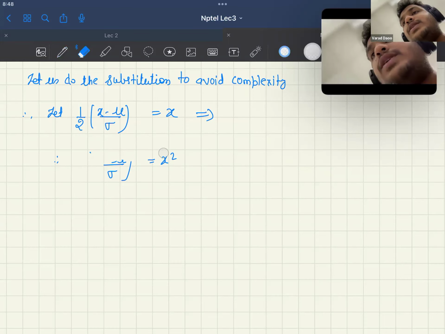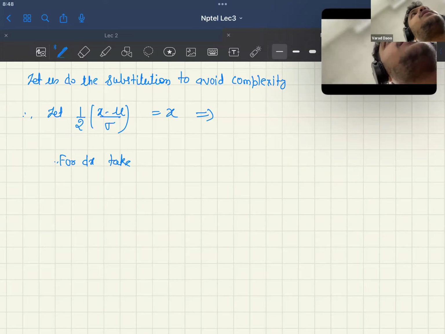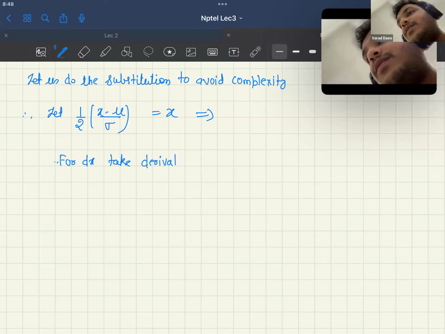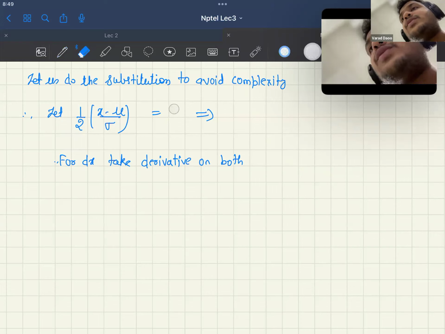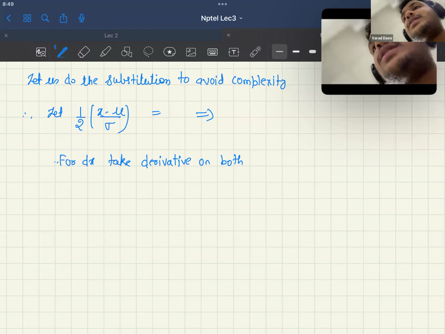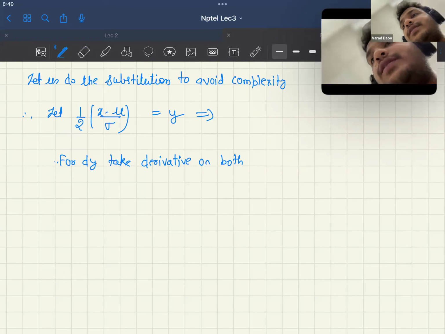We'll just not take it as x. We will have to use some other variable. Let us consider this as y. Now what is dy? We take the derivative on both sides.